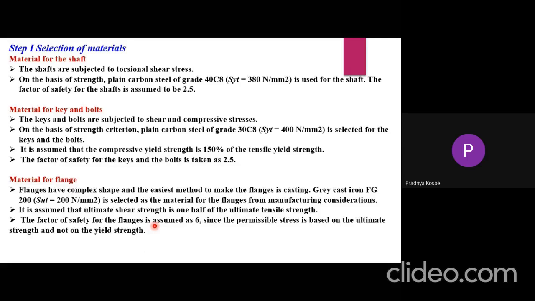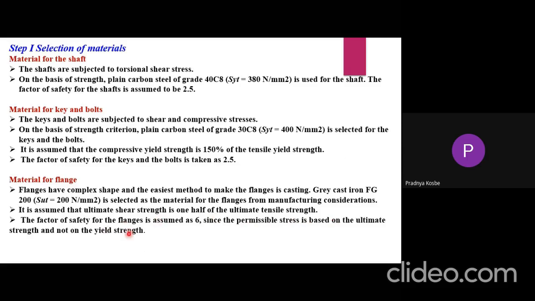As cast iron is a brittle material, it possesses ultimate tensile strength, not yield strength. So gray cast iron Fg200 with ultimate tensile strength of 200 Newton per mm square is selected for the flange from manufacturing considerations, and it is assumed that ultimate shear strength is half of the ultimate tensile strength.